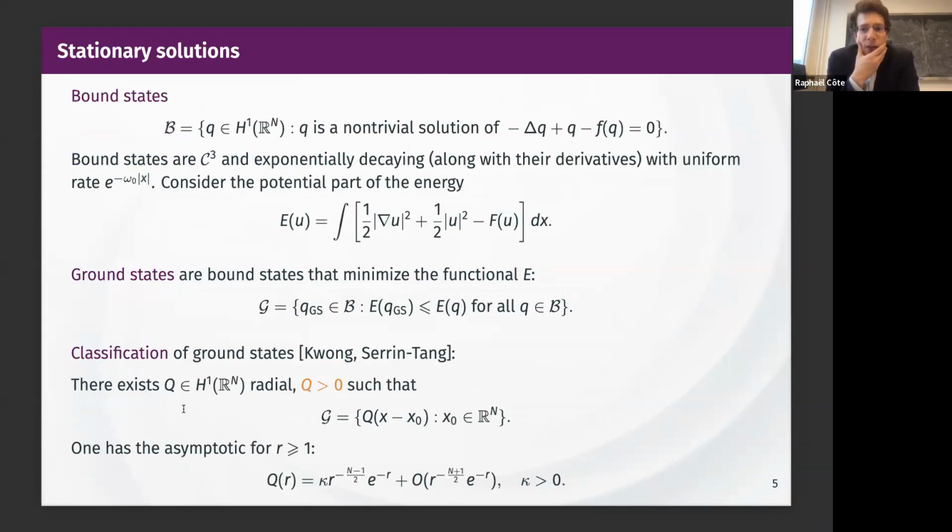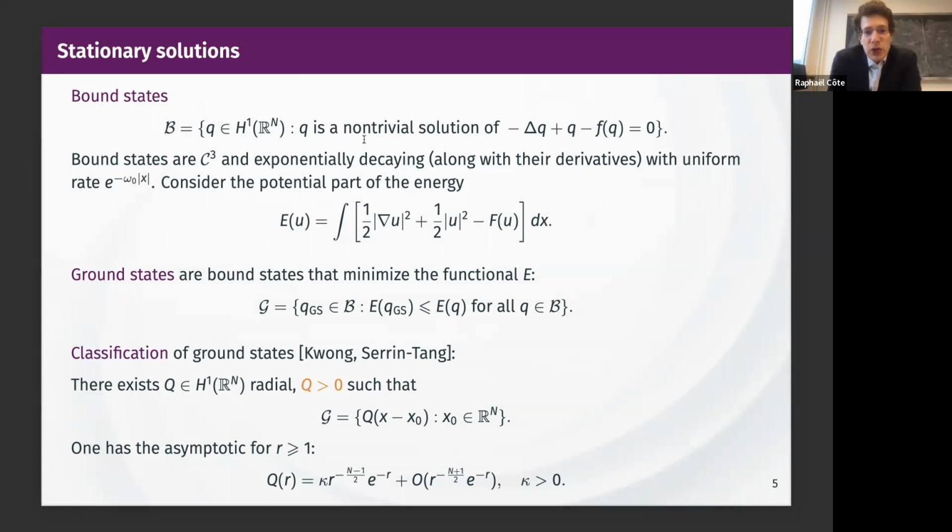Okay, so let's talk a bit about the stationary solutions. You take the equation and you put dt u equals 0. So dt squared u is also 0, and you're left with this elliptic equation. It has been studied a lot. We are in the H1 subcritical case.